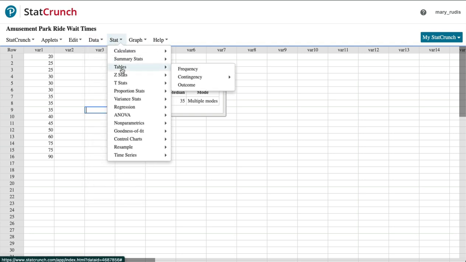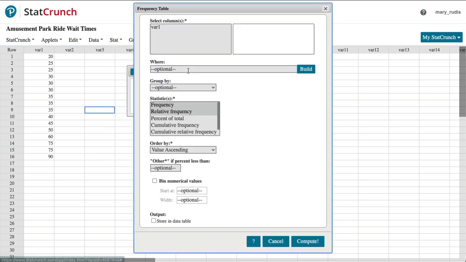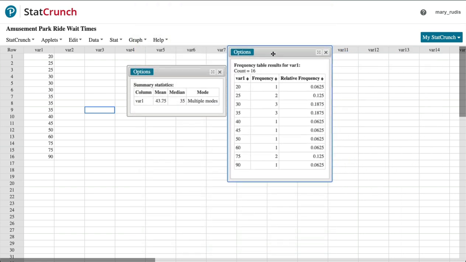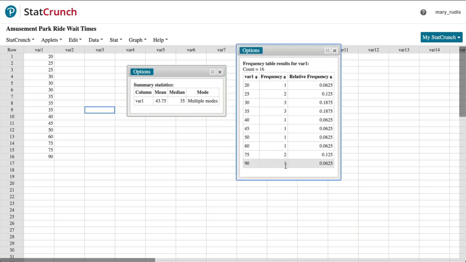One way of telling that is that you can also go under the stat menu and create a frequency table of our data. I'm just going to do frequency and even relative frequency and compute. This tells us how many of each of those wait times we had, and you can see that the 30 and the 35 both appear 3 times.